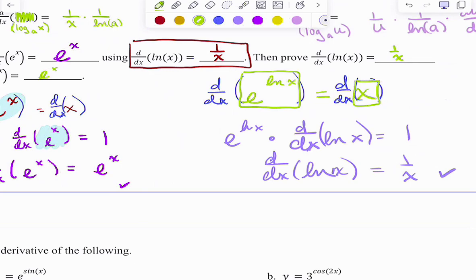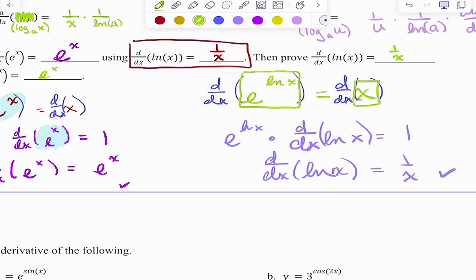So e to the natural log of x is saying e to the power that gives you x. Because natural log is saying, I want to know the power that I raise e to get x as an answer. And e to a natural log as the power cancel out. Natural log of e cancels out. So those are our log rules.